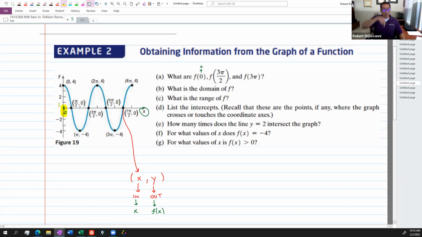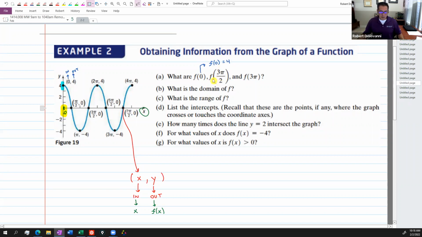I'm just going to look up and down for a point, and I see a point up here. It's the point 0,4. So when I plug this in for x, this is what comes out. So the answer is that f of 0 is 4, right? You plug in 0, it spits out 4.